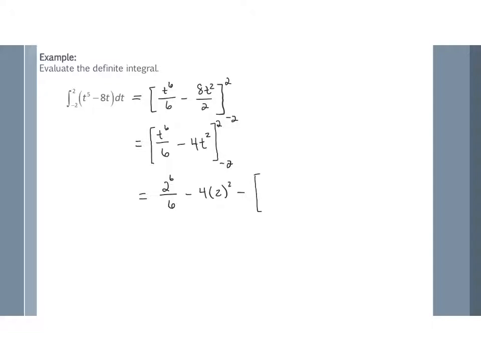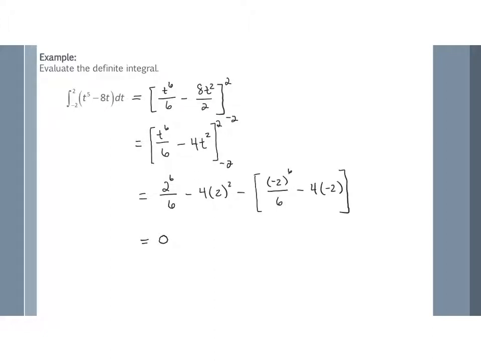So we have the 6th power of negative 2 over 6 minus 4 times the square of negative 2. So if we evaluate this, we obtain 0.